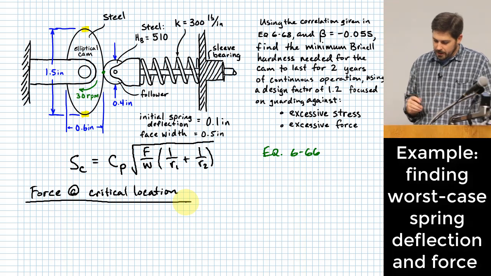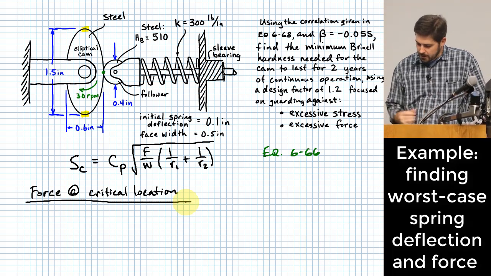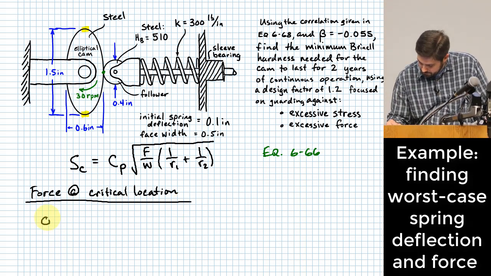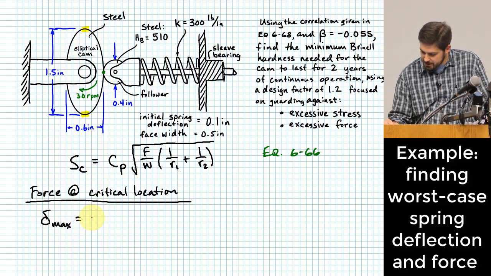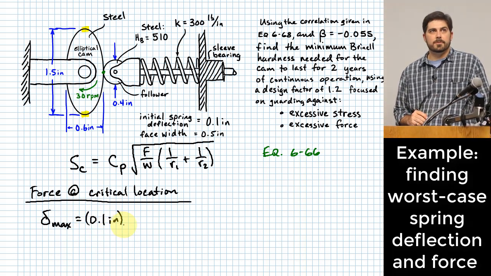Okay. So how do I figure this out? I need to figure out deflection. So my maximum deflection is going to be equal to the 1/10 of an inch I start off with, plus what?